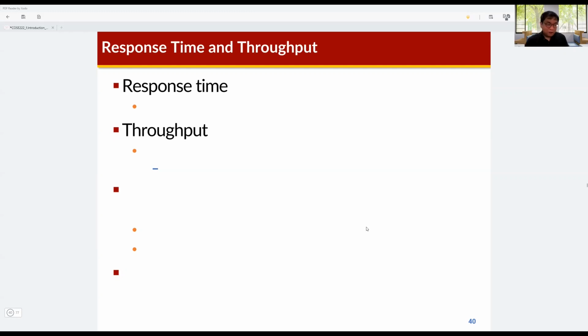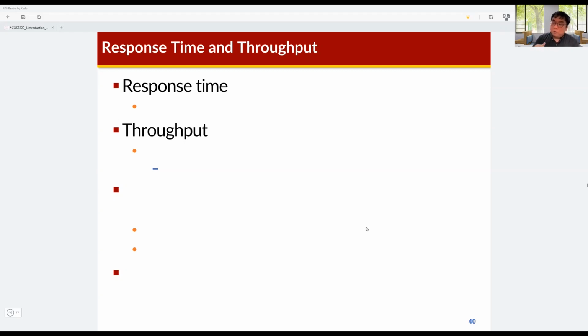We frequently mention that, oh, my laptop is faster than your laptop, so my laptop is better than yours. We frequently mention speed, or that it's fast.